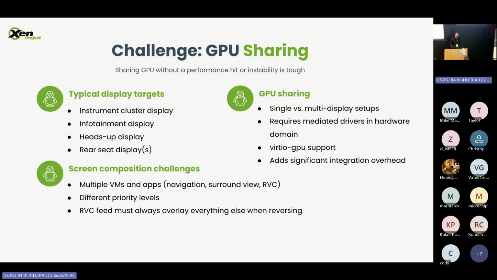So I'm evaluating only Xen for IVI, and that's pretty much the cockpit, what's inside the cabin. There are a lot more units outside the cabin, which control the engine, the gearbox, pretty much a network. Right now the car is a robot, where each component talks through some sort of network.